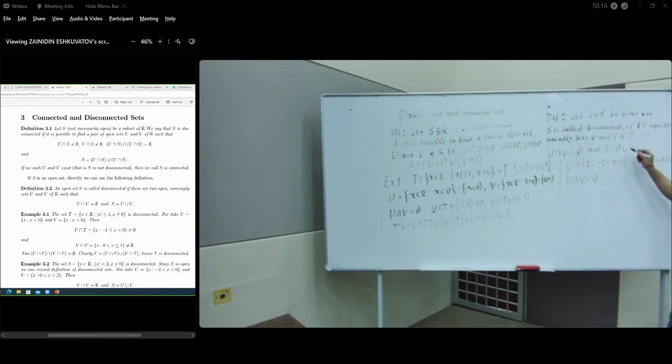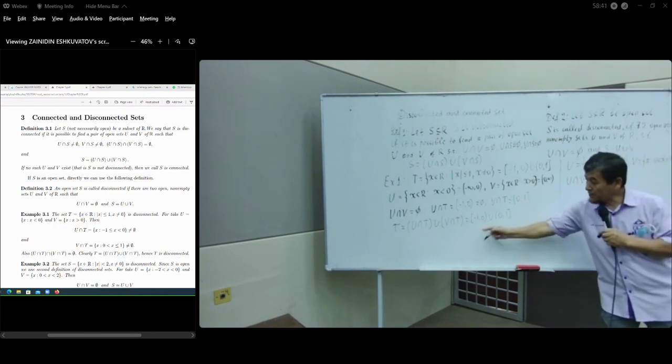Yeah, you see here, I should choose U and V in such a way. Now here there is a problem. If I say U is an open set, you see, by this definition, I am able to write T in this form. This is correct.